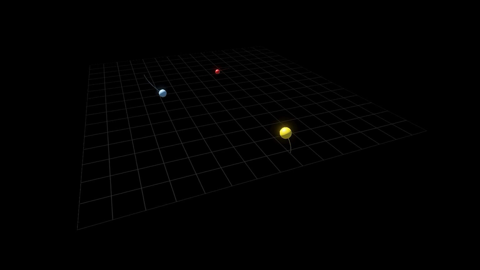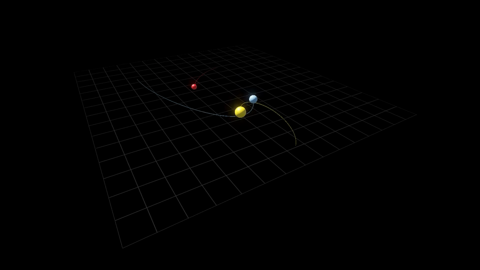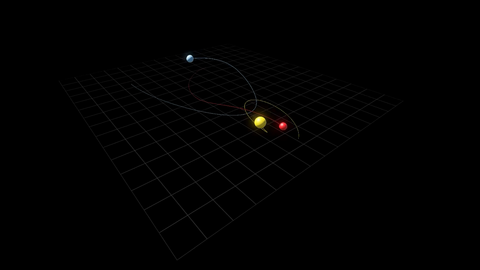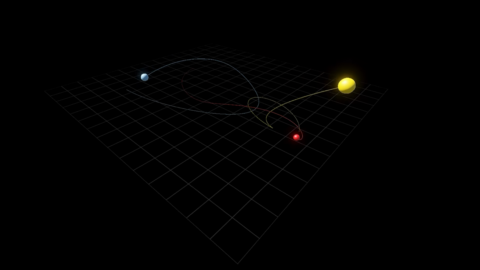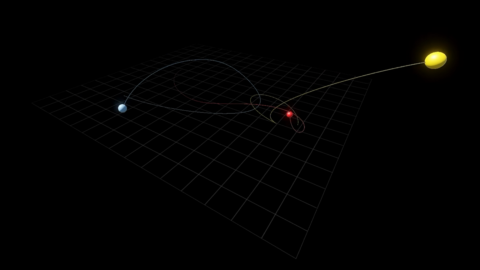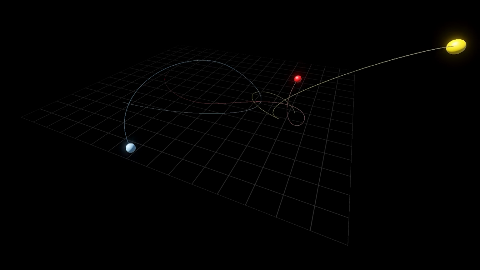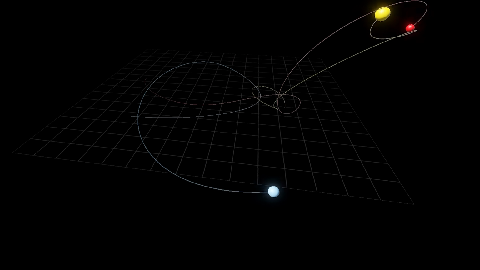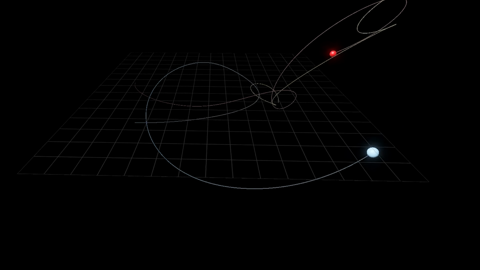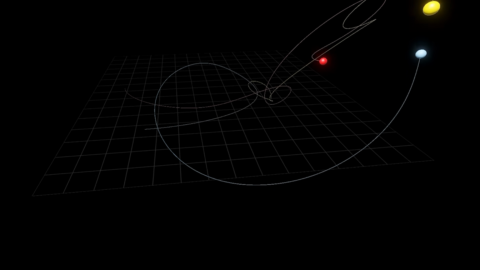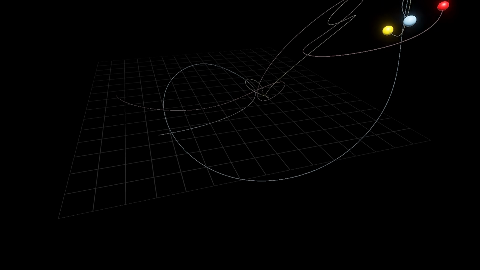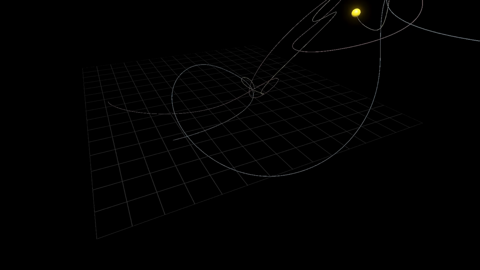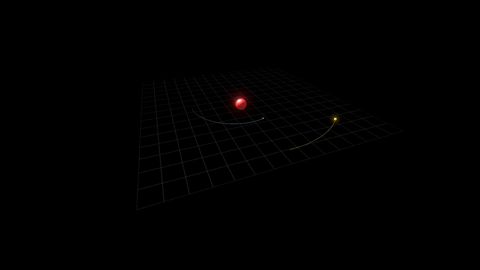This is the simulation with random masses. And some other configurations.